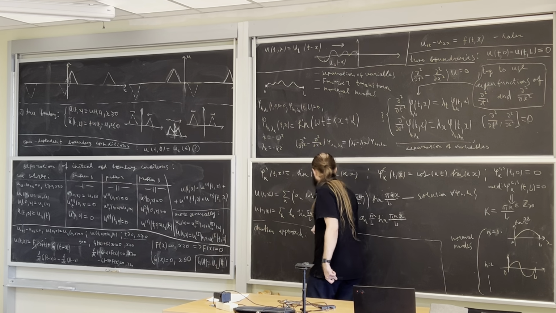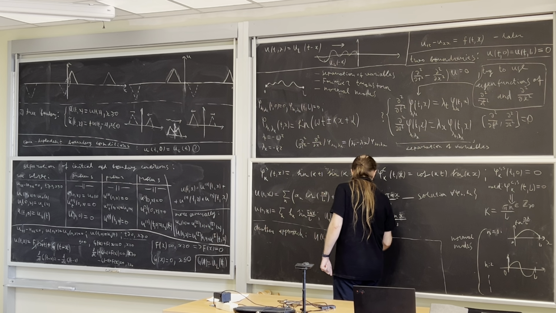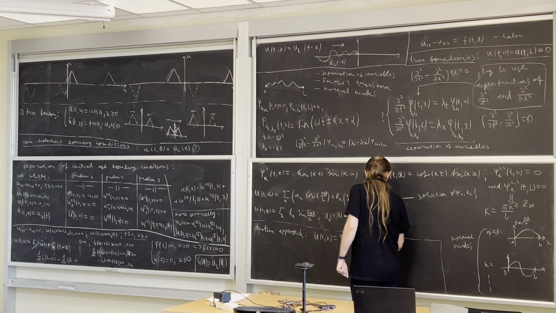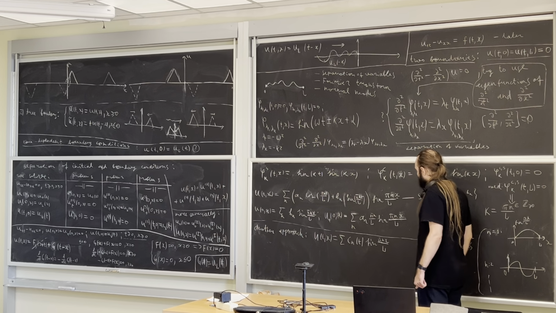We can say that u of t and x is a sum of some coefficients cn of t times sine of pi n x over L. And if we act with this differential operator, then sine of pi n x will give just some numbers.